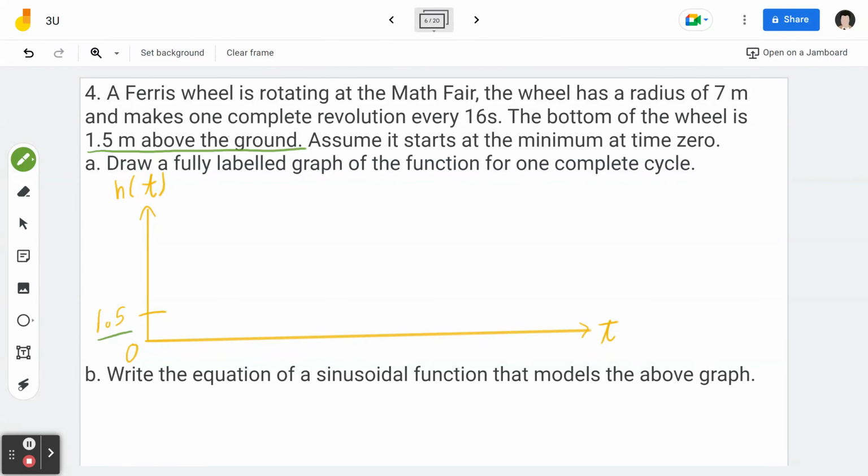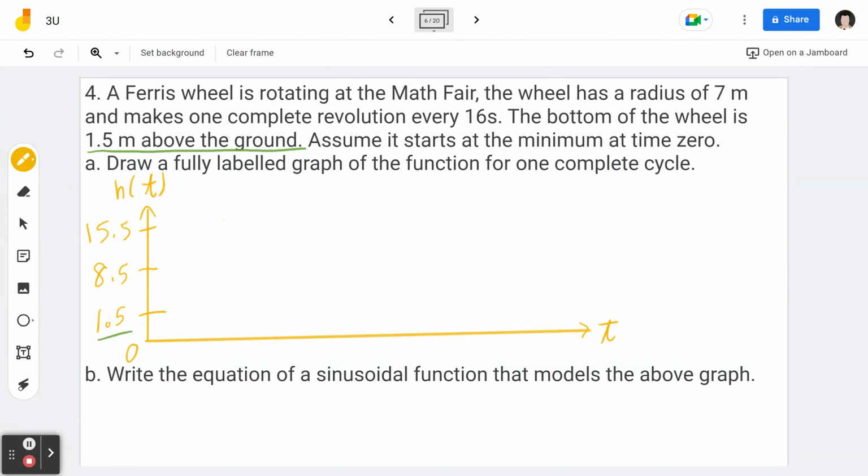If I'm adding 7 and adding another 7, 7 plus 1.5 is going to be 8.5, which would be the vertical displacement, by the way. That's going to be the equation of axis. And if you take 8.5 and you add another 7, that's going to be 15.5. So we found the maximum, minimum, and the equation of axis.